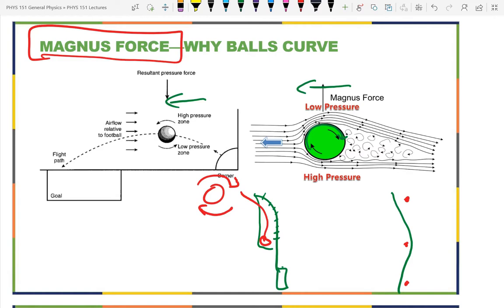But as long as you have some sideways speed, the boat is traveling forward, and you have that rotation, you're going to get the pressure difference that you can use to keep propelling the boat. It's totally fun. So we're not going to do any problems with this. It's just something to know how it works.